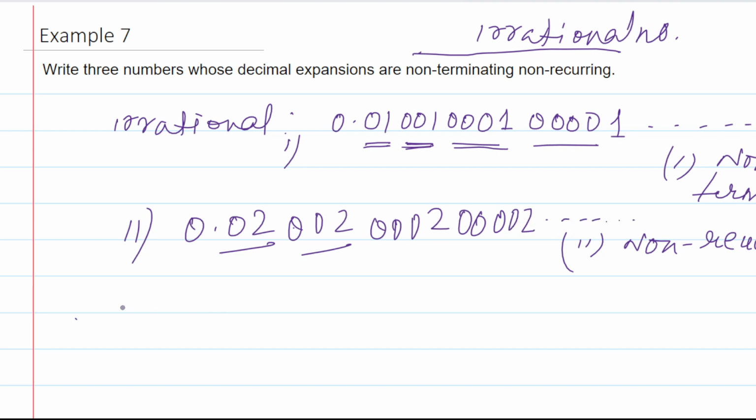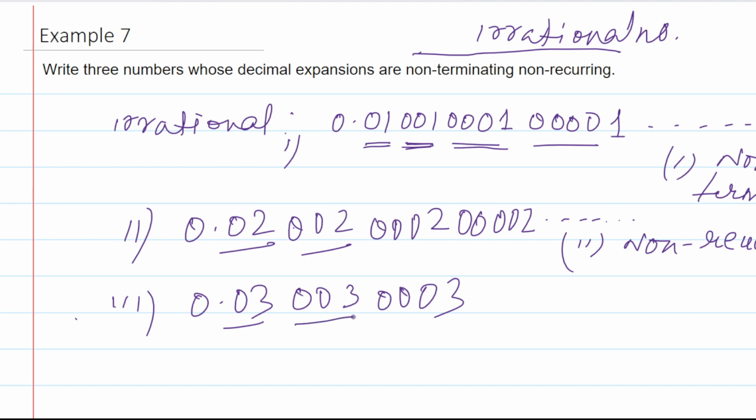This is my second. For the third one you can write 0.03 0 0 0 3 0 0 0 0 3. The number 0 3 should not repeat, so I have taken 0 0 3, and again 0 0 3 should not repeat, so I have taken 0 0 0 3, and so on.